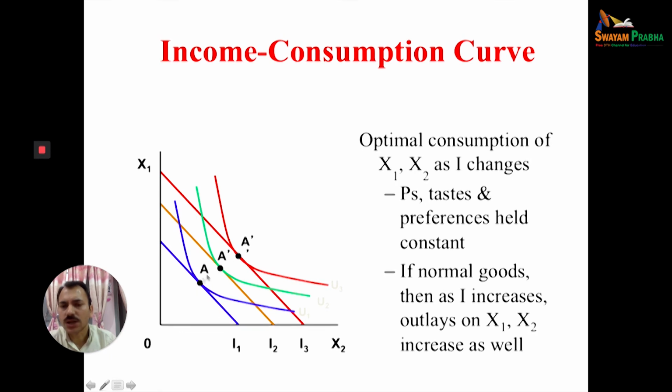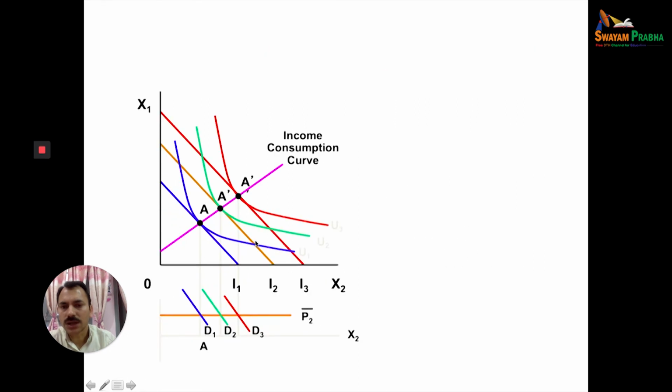The goods are normal. In case of inferior goods, we cannot draw the income consumption curve. When the consumer shifts from A to this point, and when we draw a line by joining all these points, this will be called the income consumption line, the income consumption curve.